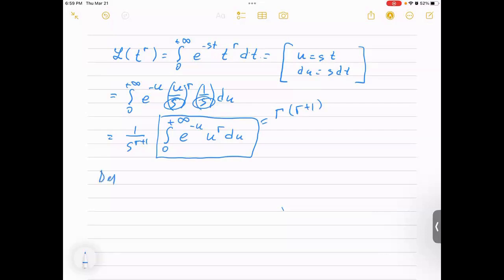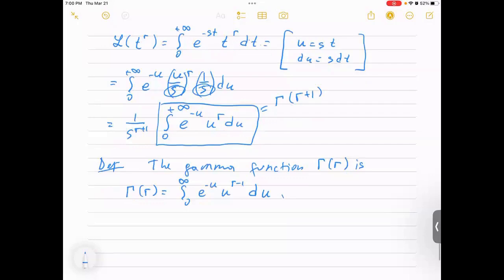A gamma function, gamma of r, is defined as the integral from 0 to plus infinity of e to the negative u times u to r minus 1 du.